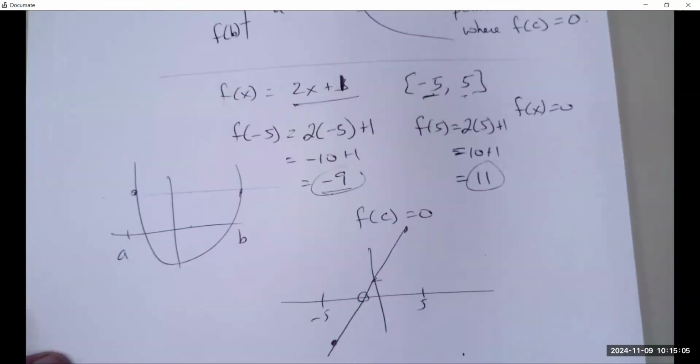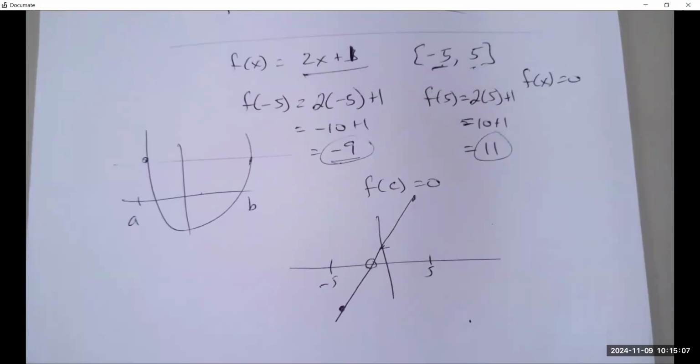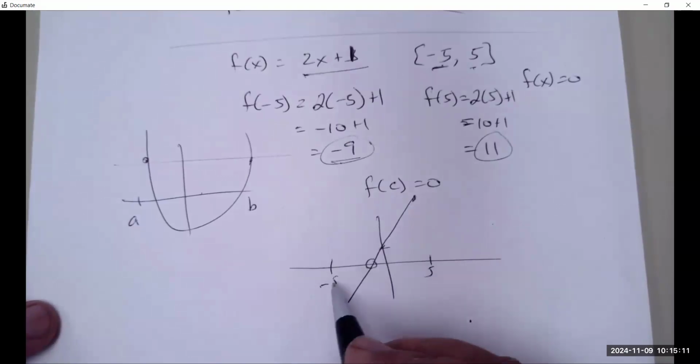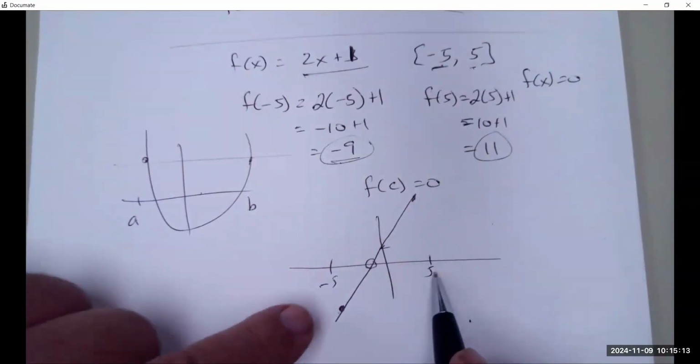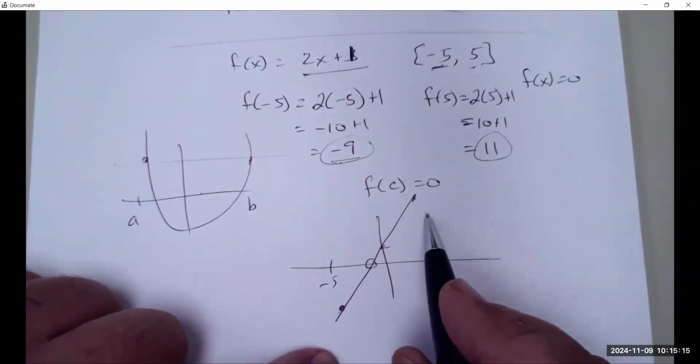Let's look at some examples here. What's that used for? We'll go back. No, because the signs are different at both of these endpoints, the y values.